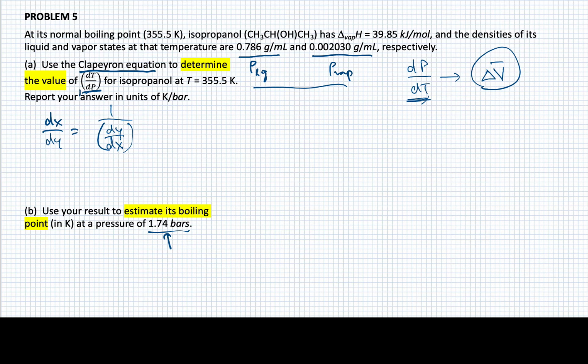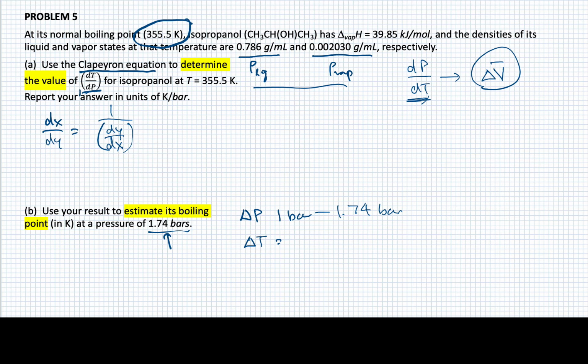And so that tells us, in essence, that we're looking at a change in pressure from 1 bar to 1.74 bars. And we will have a temperature of vaporization that's given here.